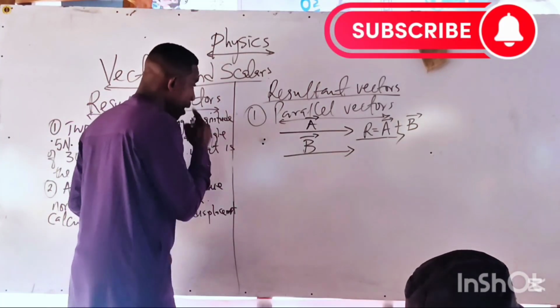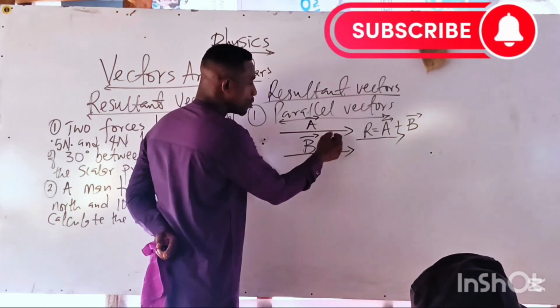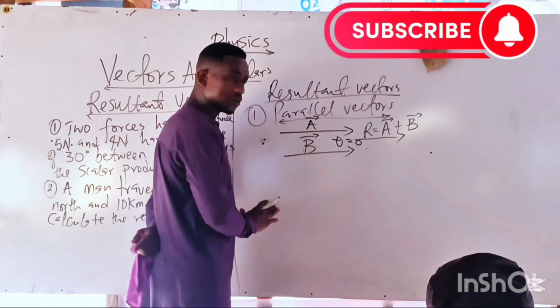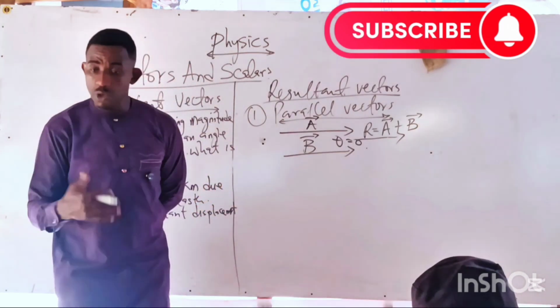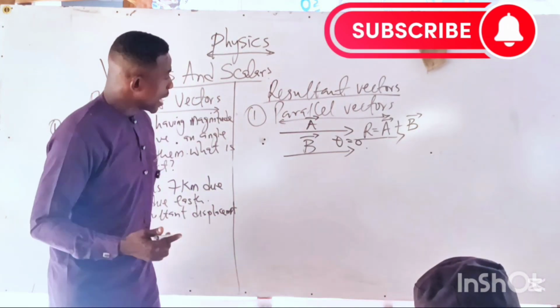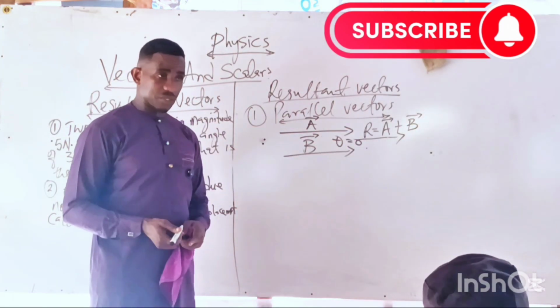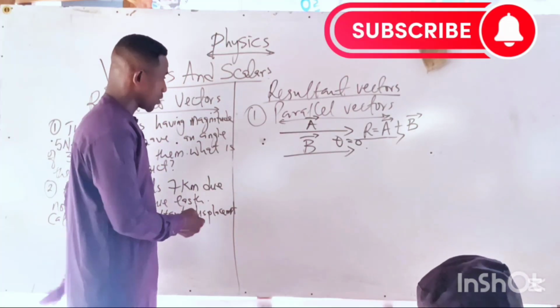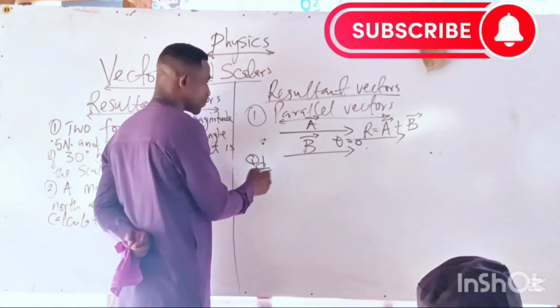Now, in these two, angle theta is equal to 0. So when theta is equal to 0, automatically you already know that they are parallel vectors. So let's take an example.